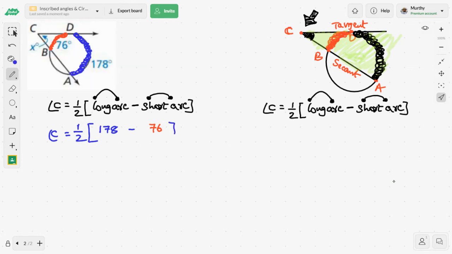Now 178 take away 76. We follow PEMDAS, so the values in parentheses are simplified first. Then you'll get 102 degrees. Now what is half of 102? That gives you 51 degrees. So that's the measure of the angle formed outside the circle by a tangent and a secant.